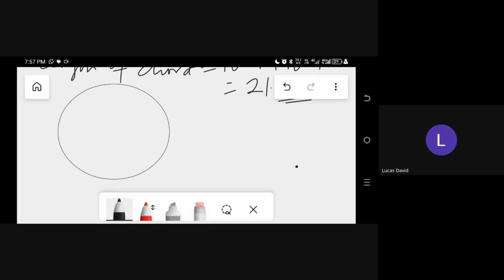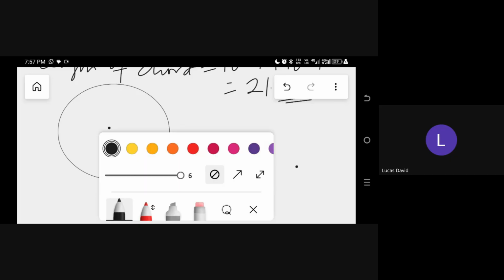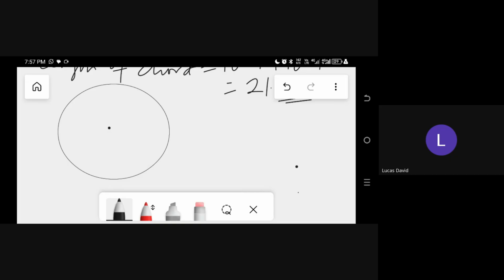I'm marking out the center with the dot there. Then the chord. I'll use a different position this time, with the chord at the top. It doesn't matter where the chord is.